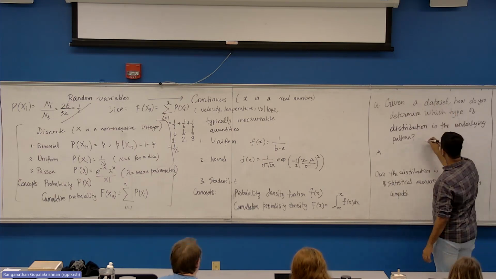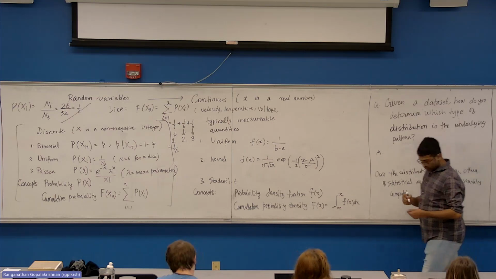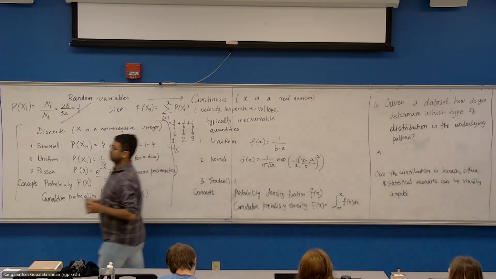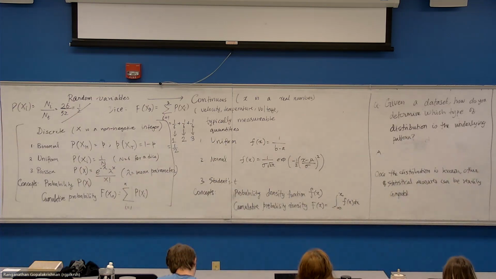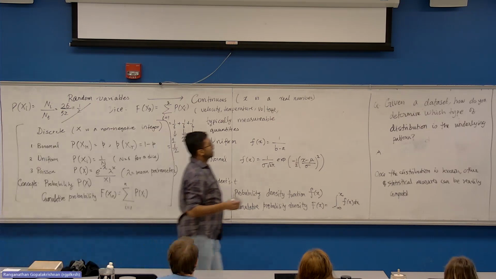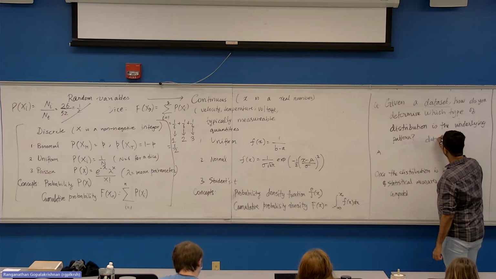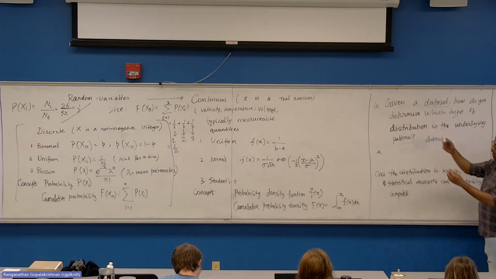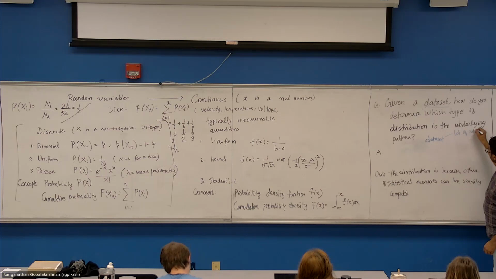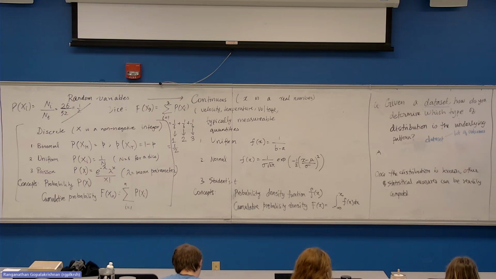So when I say data set, if it's a discrete random variable, it could be a list of outcomes, like a survey or like a coin flip done 1,000 times.